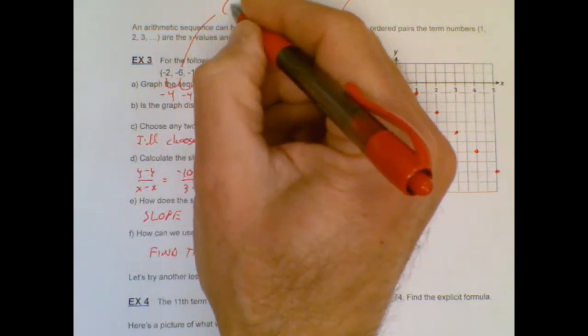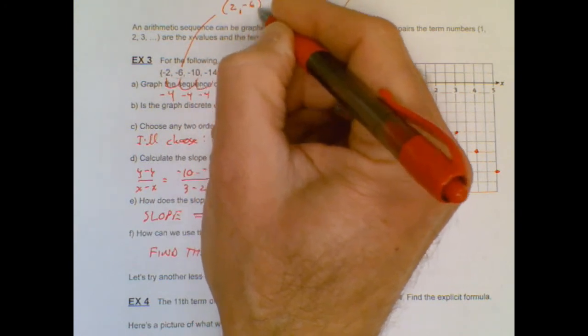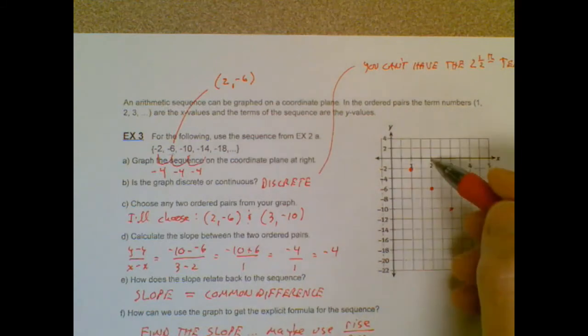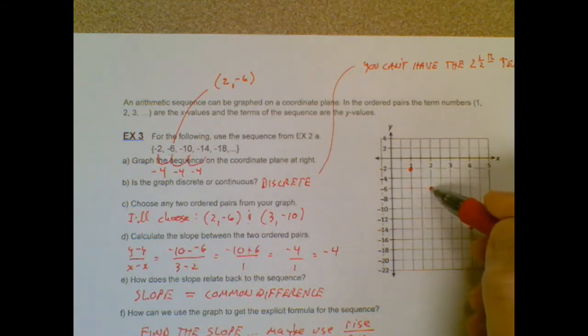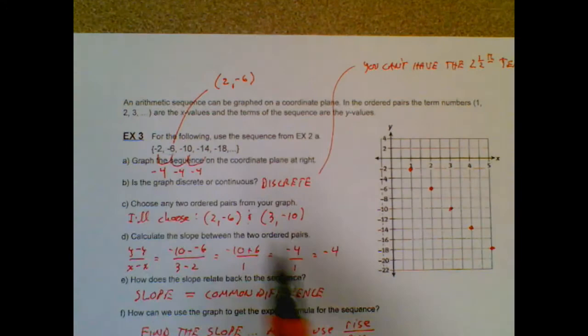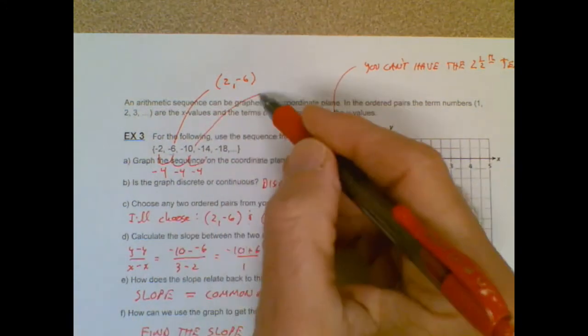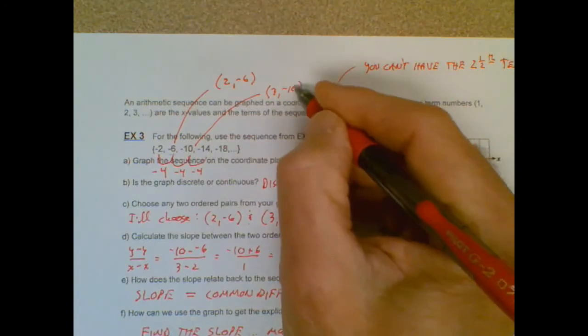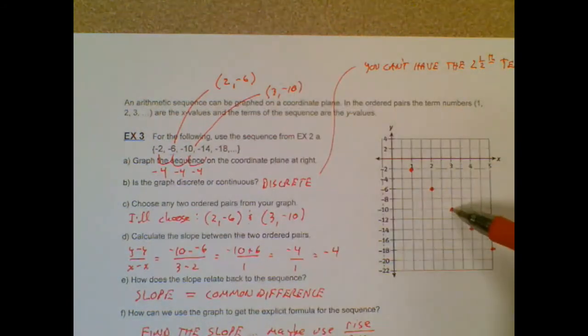I can plot that as an ordered pair. At 2, my value is -6. In this case, my third term is a -10. So I can plot a 3, -10.